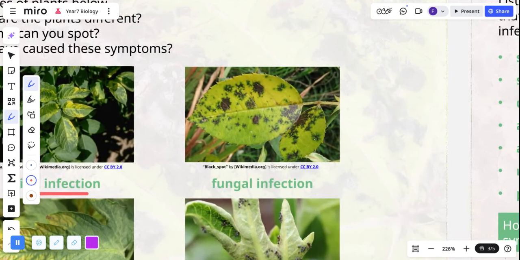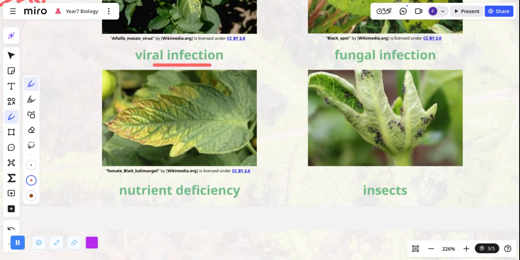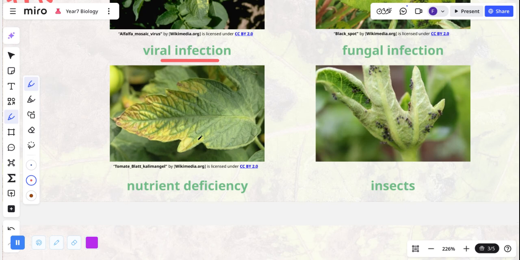Another one is a fungal infection, and plants do get fungal infections. And the fungal infection here that we're going to look at is rose black spot, which is really nice because, well, the name tells you what to look for: black spots. Also, sometimes you can have nutrient deficiency.